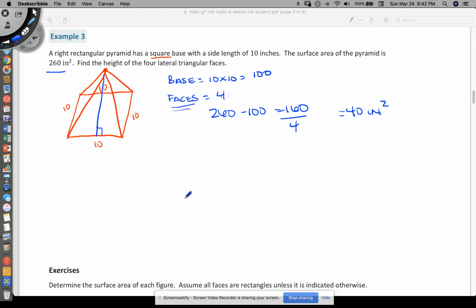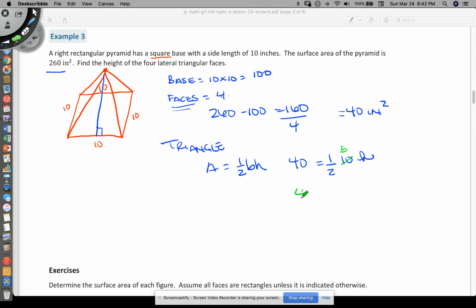All right, now let's talk about the triangle itself. Okay, the triangle, if you remember, is area equals 1/2 base times height. So we're going to say 40 is the area of the triangle, is half of 10 times h. All right, so now we're going to take half of 10 because 2 goes into 10 5 times.